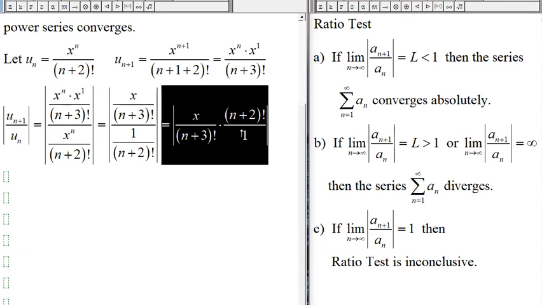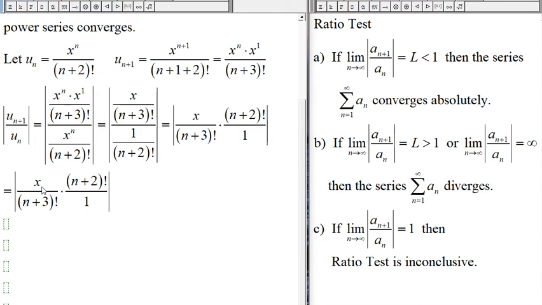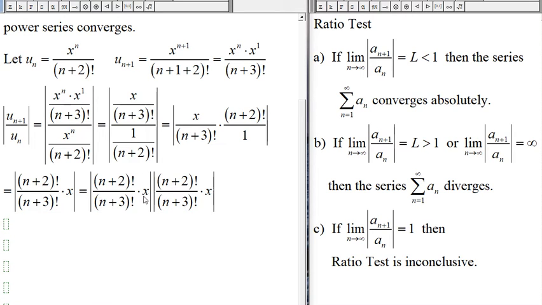And then let's rearrange this like this. So we'll move this over here, and then we'll put the x over here. And then we can separate them like this.